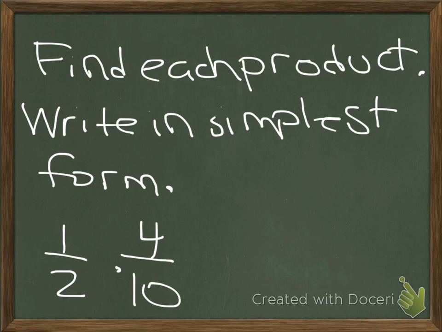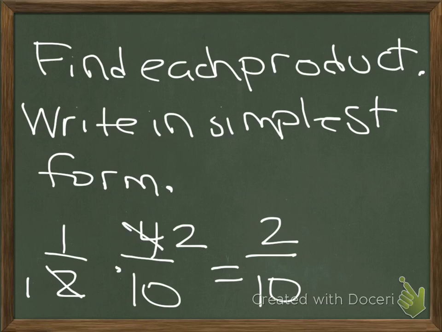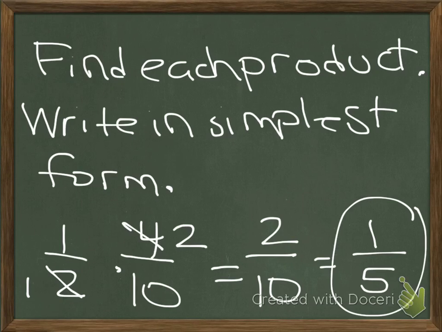But here we have 2 and 4 that go into each other, so I can simplify this to 1 and 2, and then when I multiply I get 2 over 10, and that would be able to be simplified, and that could be 1/5, so that would be my answer.